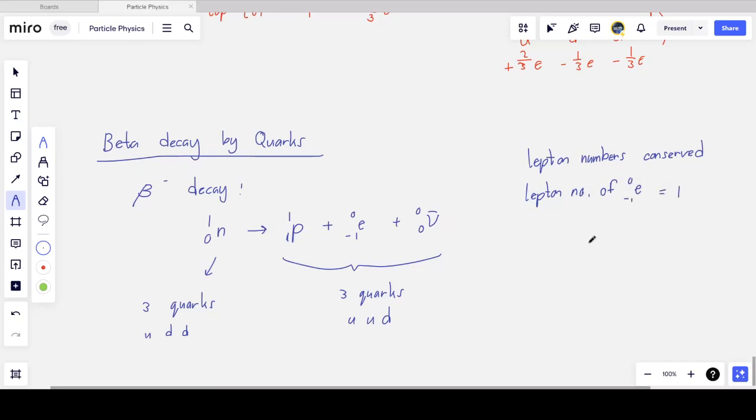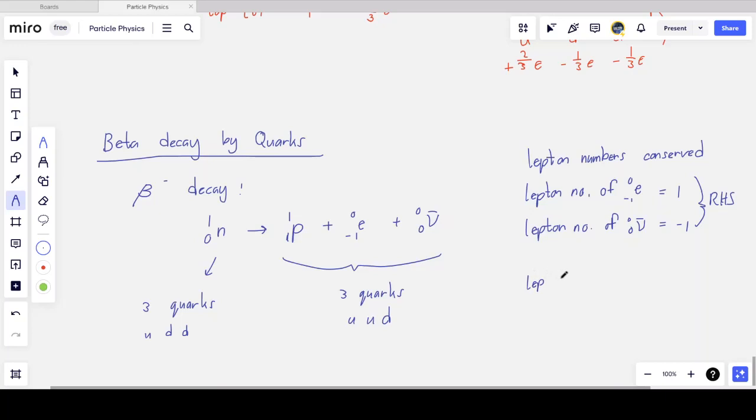So an electron is a particle. The lepton number of anything that's a lepton but an antiparticle, like the antineutrino, we give it, by definition, a lepton number of -1. So any particle that's a lepton has a lepton number of 1. Any antiparticle that's a lepton has a lepton number of -1.